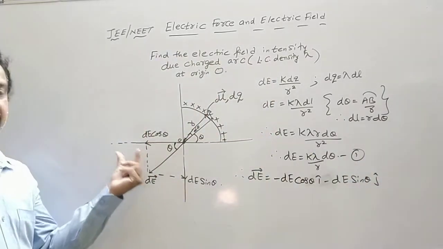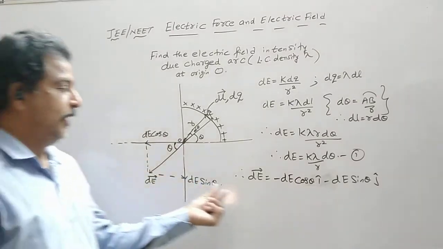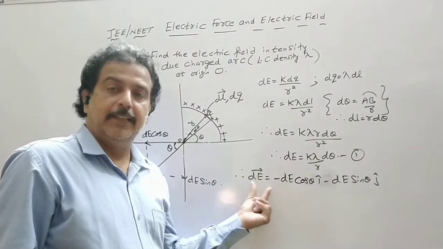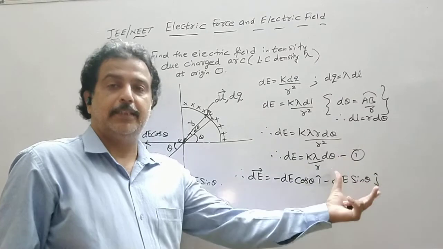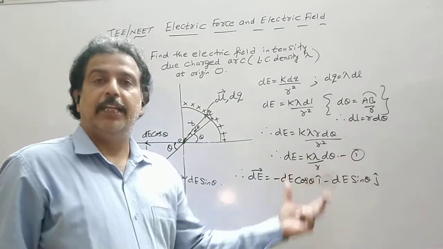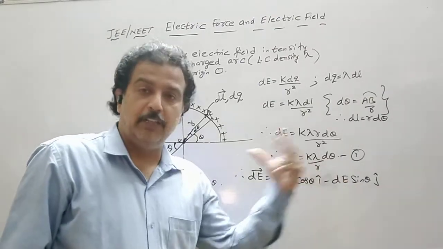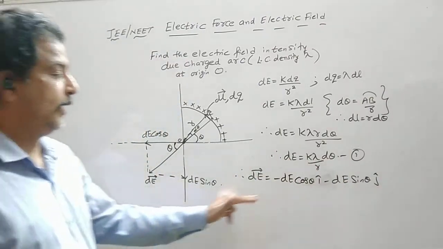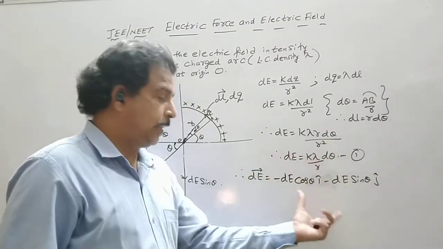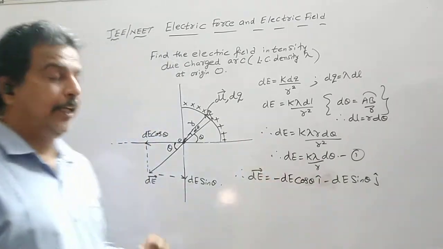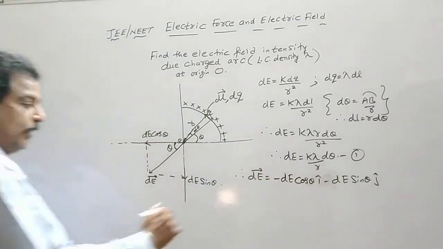We know that any vector can be written as Ax i plus Ay j, where Ax is equal to A cos theta and Ay is equal to A sin theta. That is the concept of a vector, and this minus sign indicates the direction. We are in the third quadrant.